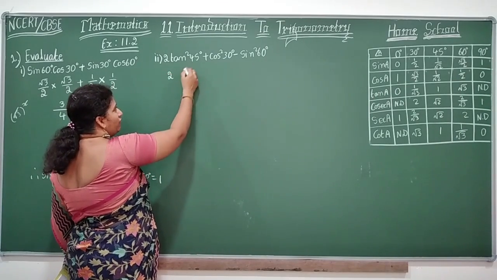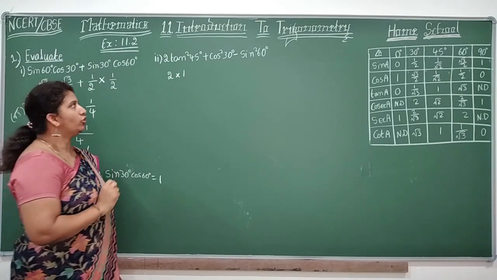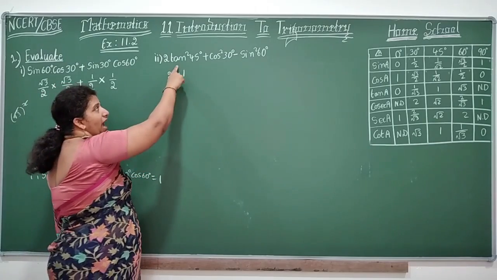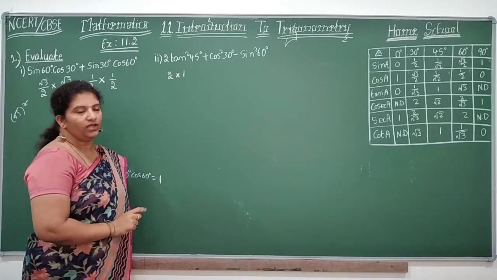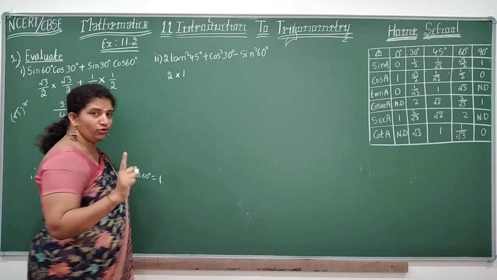2 tan 45 value is 1 into, right? Here there is something extra: tan square 45. Look, children, the square is applied only to the value, not to the 2.